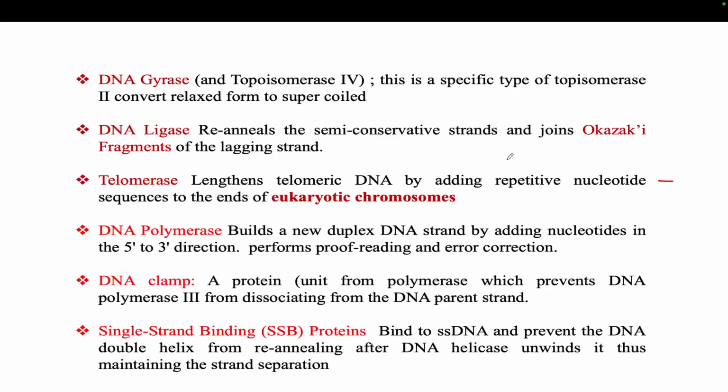So to maintain those telomeric portions, this telomerase works. Generally DNA polymerase is of two types. One is the DNA dependent DNA polymerase, and another one is the RNA dependent DNA polymerase. The DNA dependent DNA polymerase is our usual DNA polymerase which we use for DNA replication.